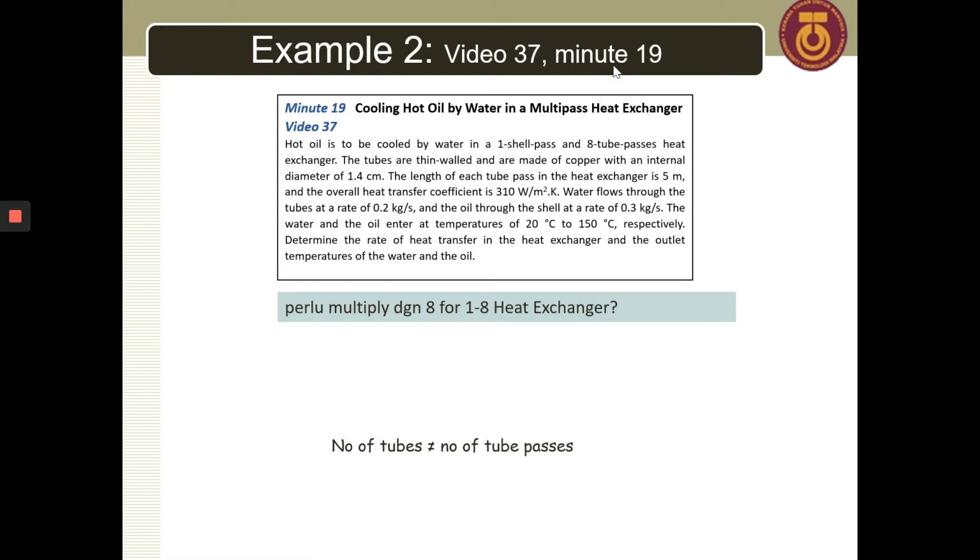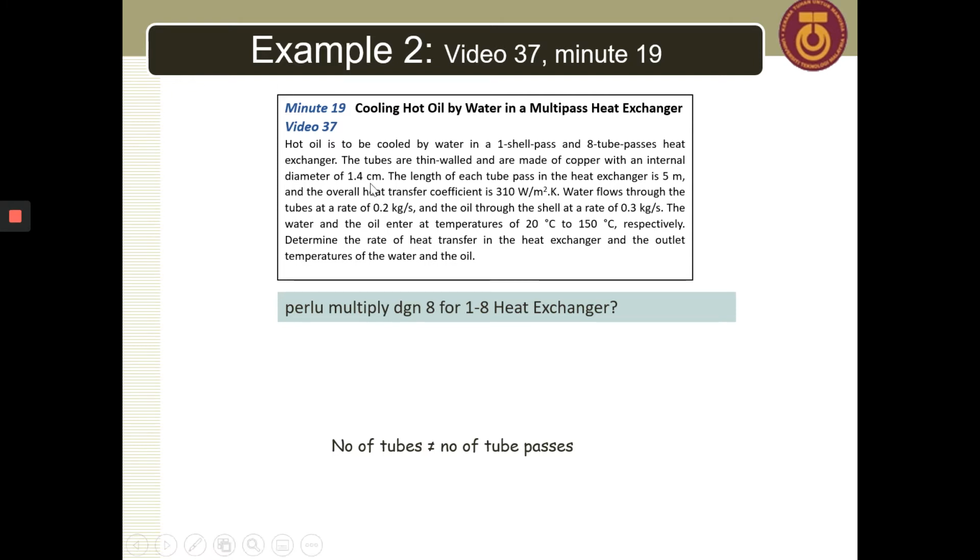The question here is on the 1-8 shell and tube heat exchanger. So 1 shell pass and 8 tube passes. The tubes are thin wall. Remember, if it is thin wall, the outside diameter and the inside diameter are equal. It is made of copper.